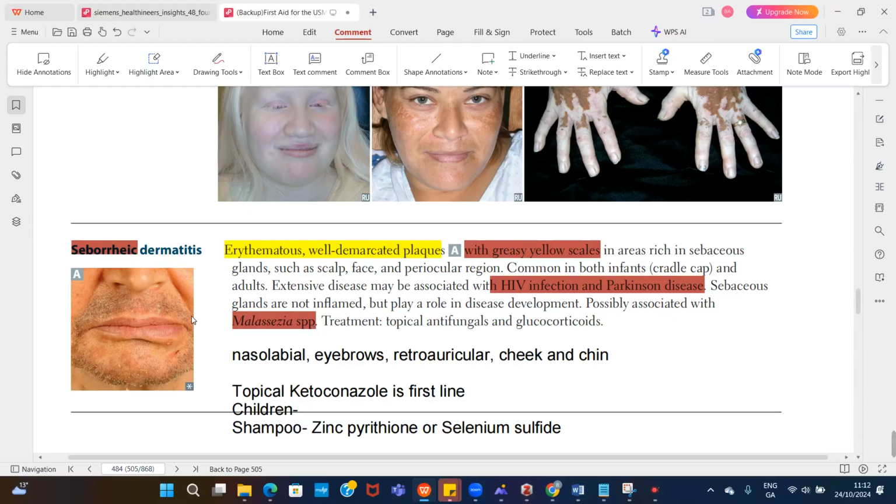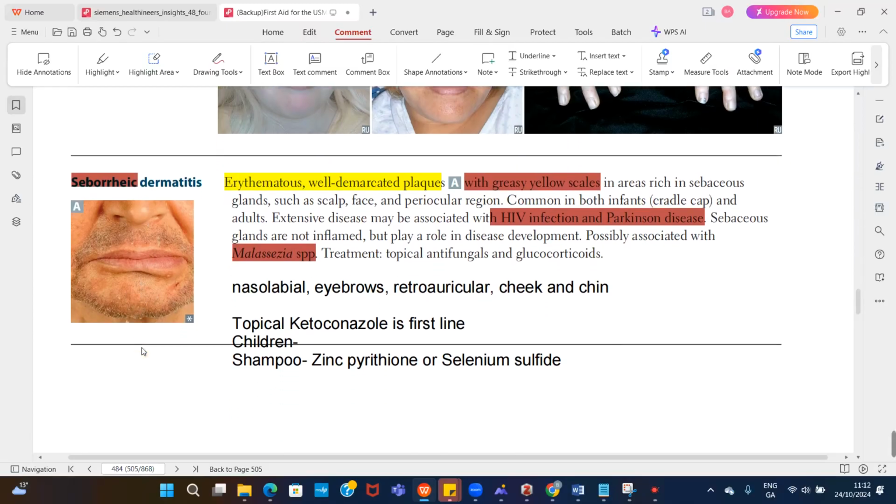But once you have too much sebum, it starts causing all this inflammatory response. It's not actually inflamed. Let me quote myself: the glands are not inflamed, so please don't take that. There's no inflammation. It's just a response to this Malassezia that provokes all these lesions, but there's no inflammation of the gland.